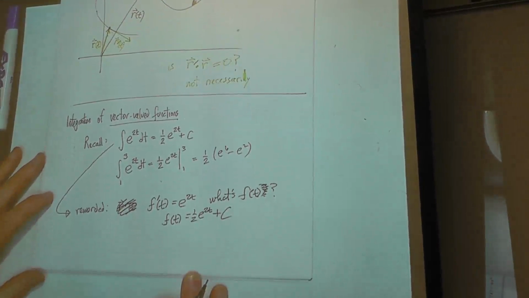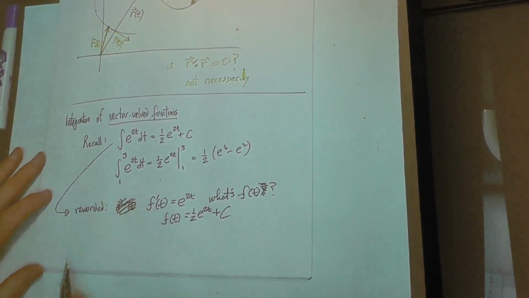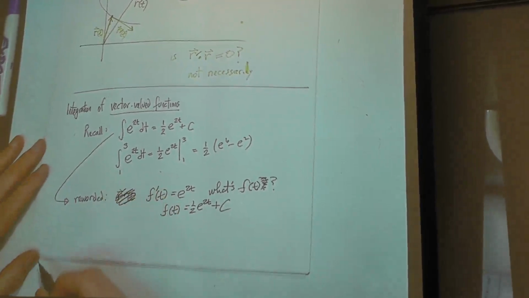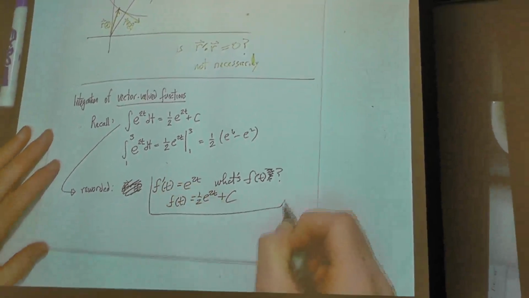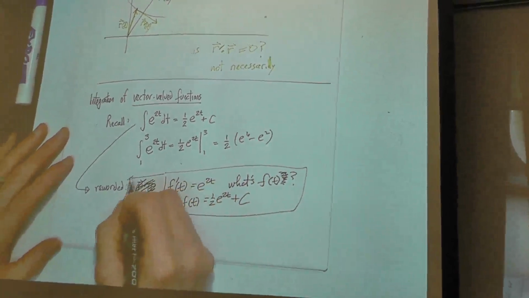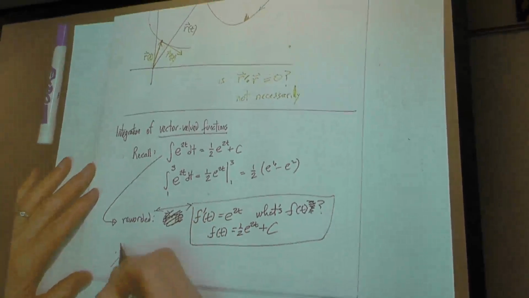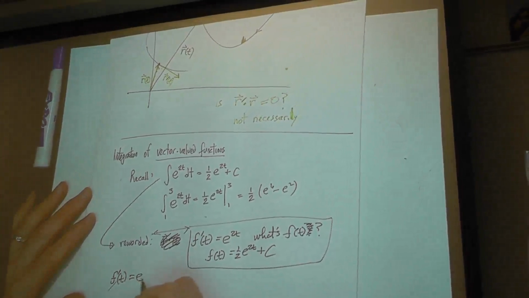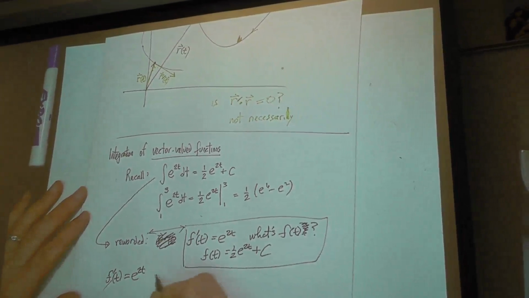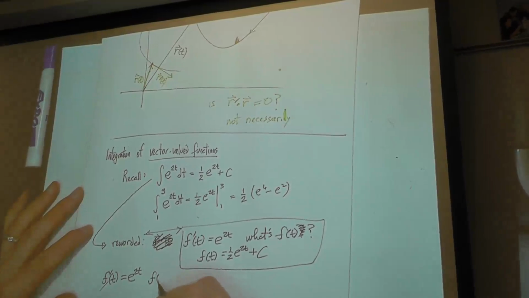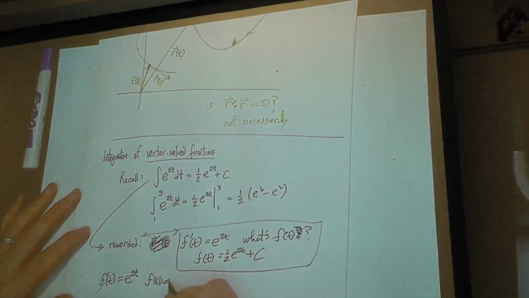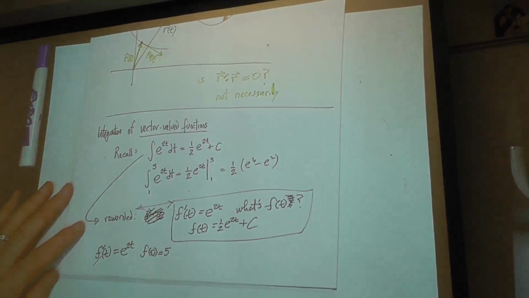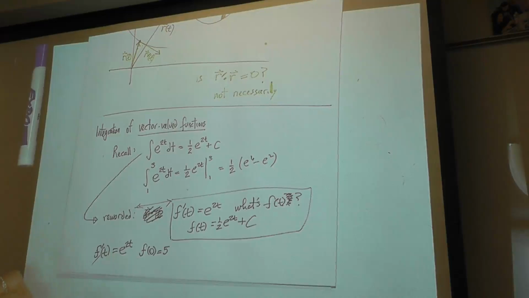And the definite integral can be reworded into questions of the type f prime of t is e to the 2t, and if I said, for instance, f of 0 equals 5, a little mini differential equation.